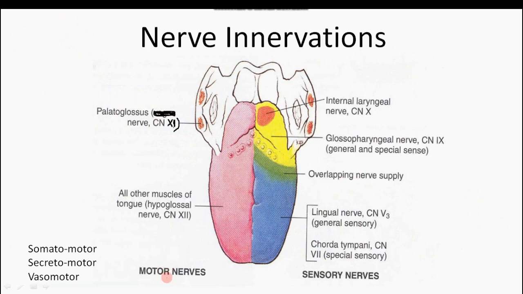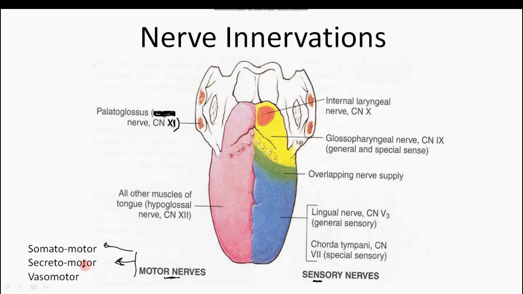Nerve innervation to the tongue is motor nerve and sensory nerve. So in this motor, one is somatomotor. Somatomotor is responsible for the positioning and the movement of the tongue. Then secretomotor, responsible for secretion of the saliva, secretion of the serous secretion, all the secretions which are in the tongue.